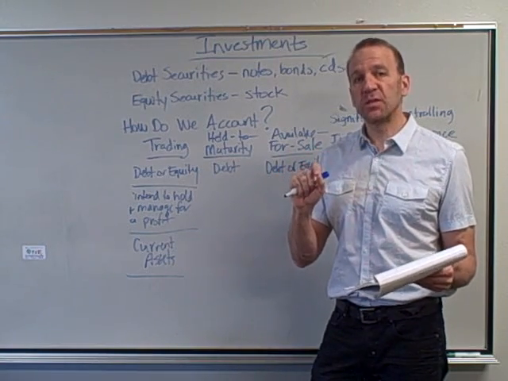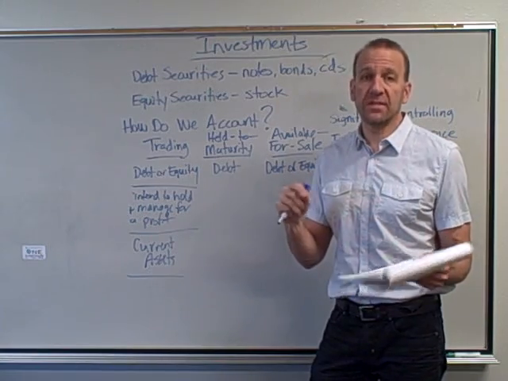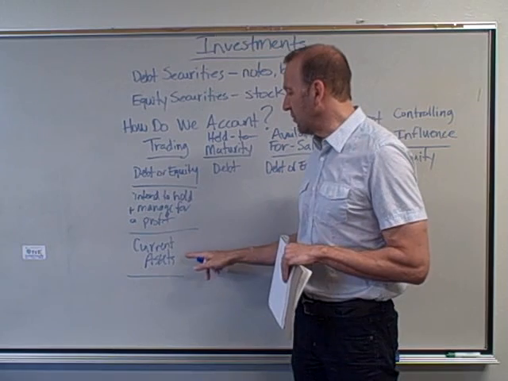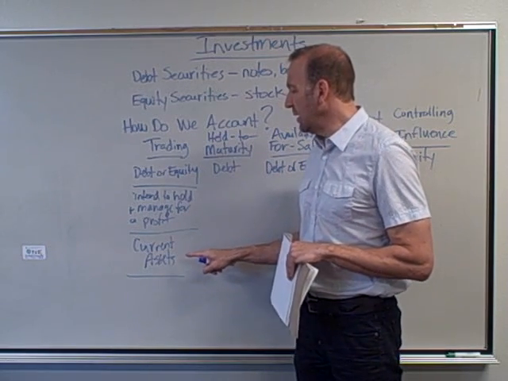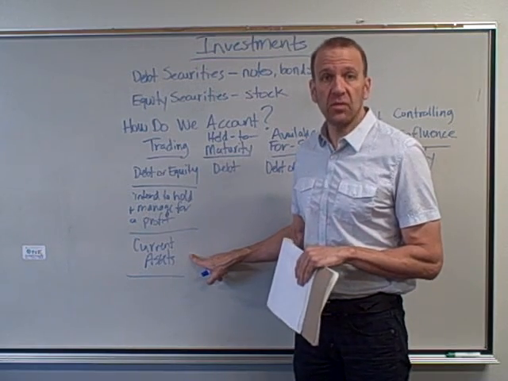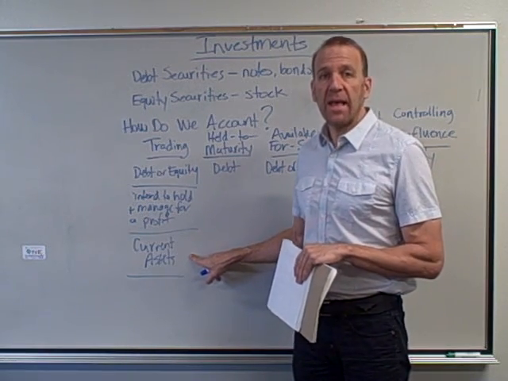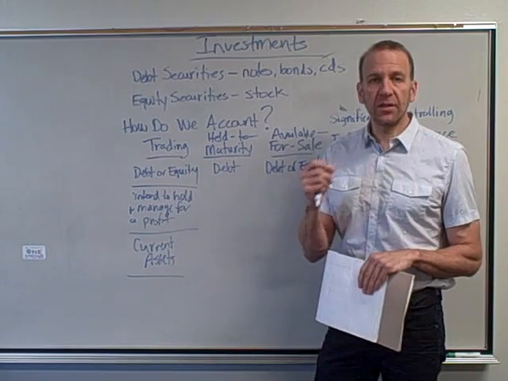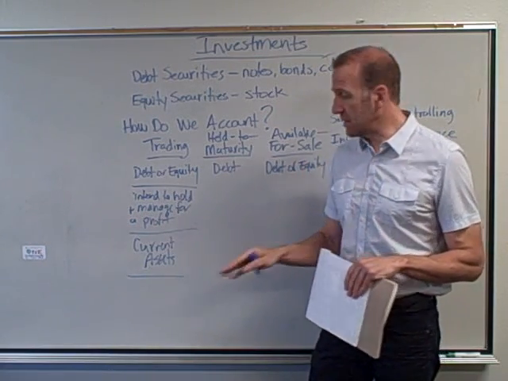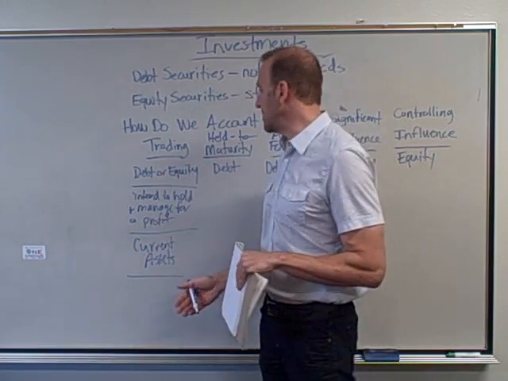And that fair market increase will go in other income, or if it's a loss, losses. So other gains or losses is where that would be found. Once again, with trading securities, we record them at cost, but then we adjust them to their fair market value, and that adjustment will go into either a gain or a loss. So it goes on your income statement.